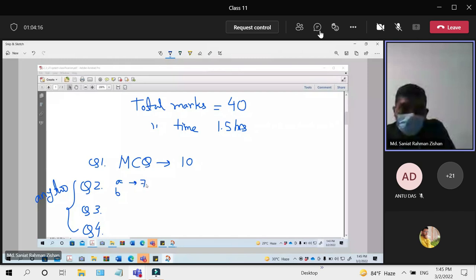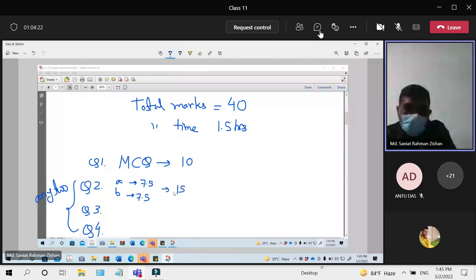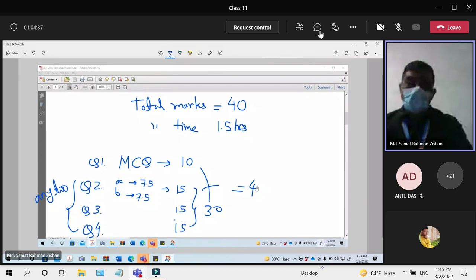Each part will carry 7.5 marks, that means a total of 15. So out of this, that will become 30, plus 10, so overall this will become 40. That is the overall marks distribution.